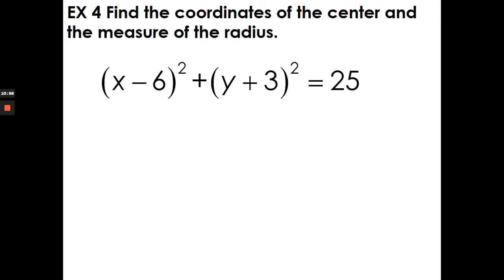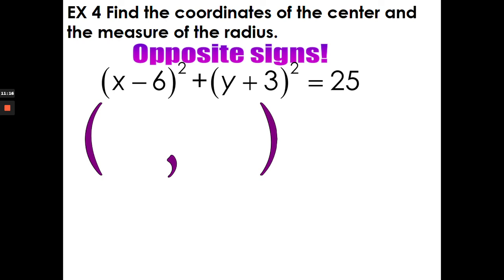We should find the center and the radius from this equation of a circle. To find the center, we are going to change the signs of the numbers inside the x part of the equation and the y part of the equation.